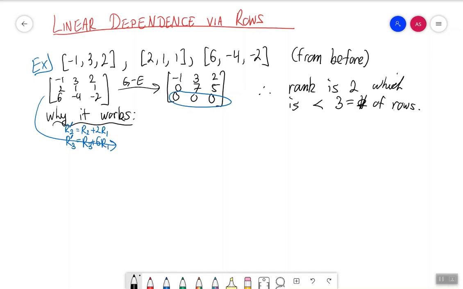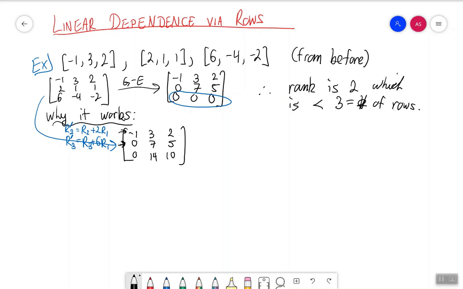So when I do that, I'm going to get -1, 3, 2, 0, 7, 5, 0, 14, 10. The first row of my matrix is row 1 prime.